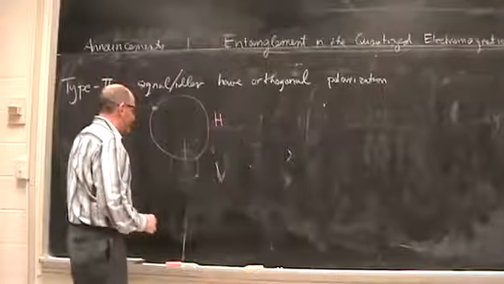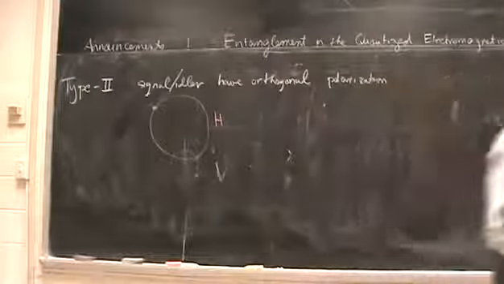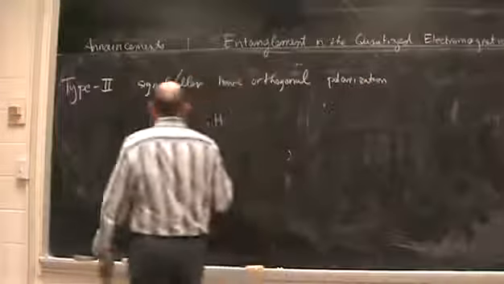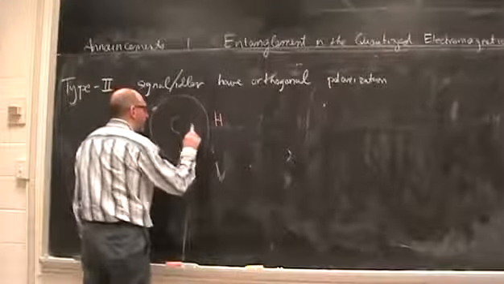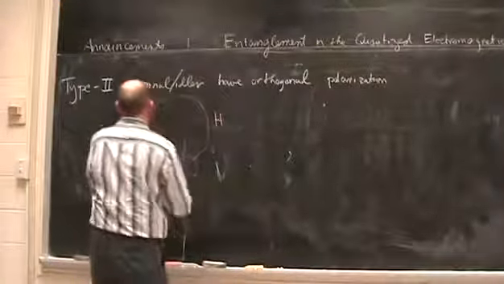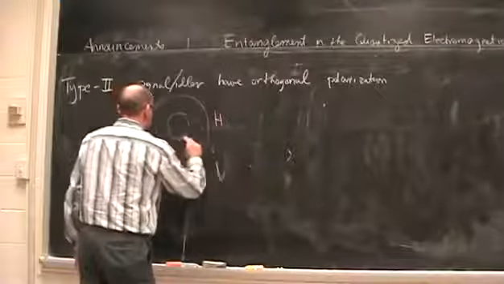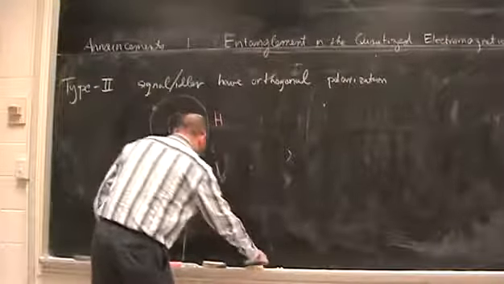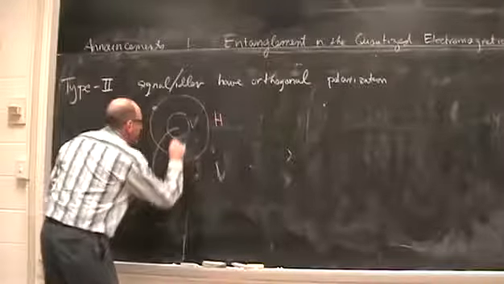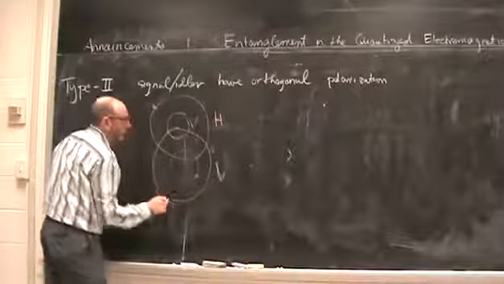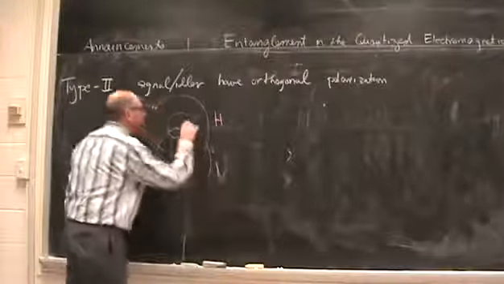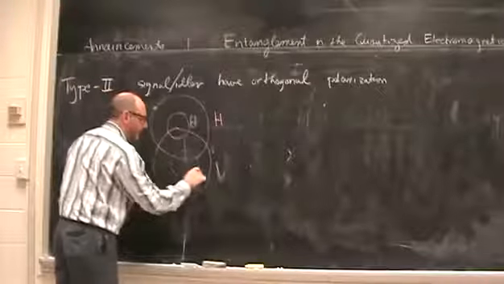Similarly, we can have that color vertical. Then there's a conjugate one, pardon me, horizontal. All these are the horizontal ones, and these are vertical.